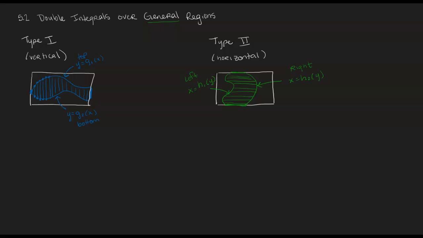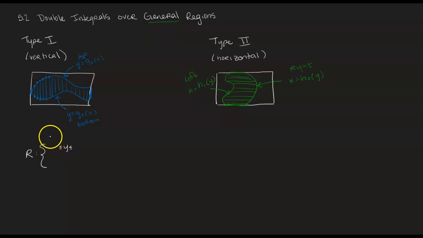So the general regions that we're going to talk about in this section can be categorized as either type 1 or type 2. Once you can identify which one you're going to use, you can set up a description of your region using bounds between the x's and the y's. In our type 1 region, where we drew vertical strips, the y values are stuck between two functions of x.